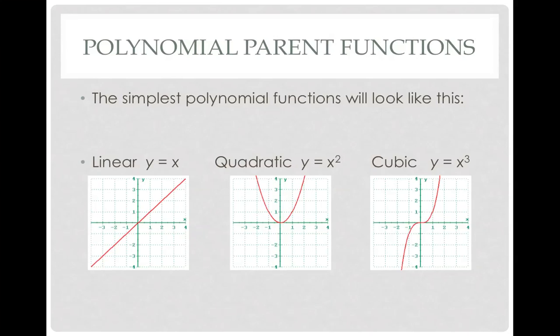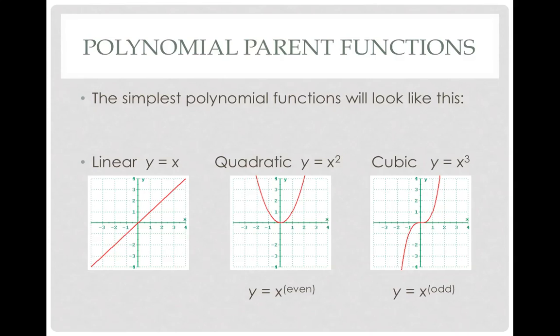So here are our three shapes for graphs for some very basic polynomials. And what's nice is that these three shapes really work for any basic polynomial. Pretty much any y equal to x to an even power is going to look something like a quadratic.